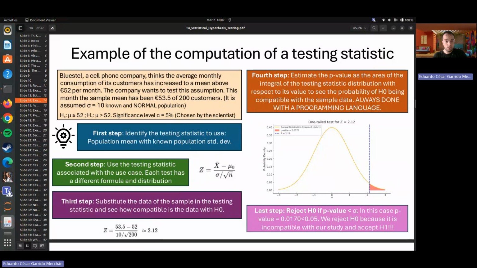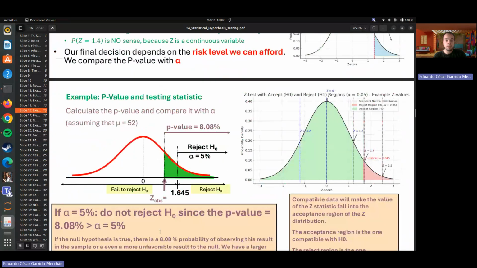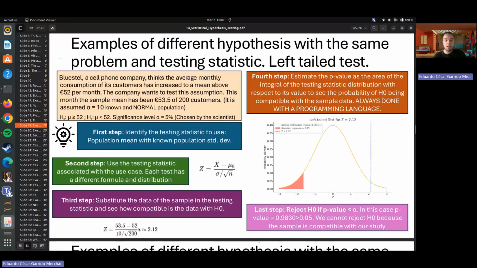But be careful, because if I change these two signs, so that the null hypothesis is higher or equal than, and the alternative hypothesis is lower than, the result, this 2.12, is going to be the same. Everything is going to be the same. However, as you can see in this new slide, now the p-value is going to be 0.983.